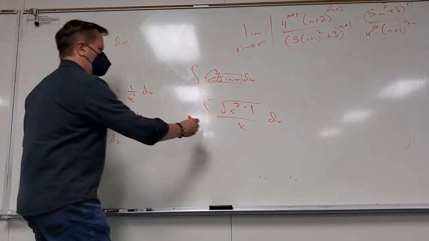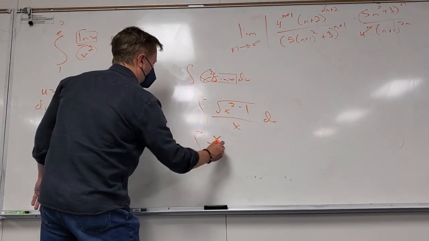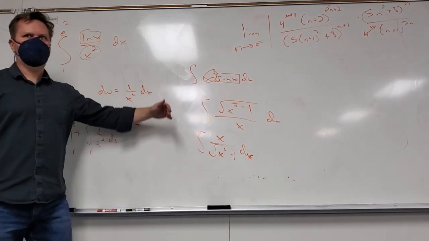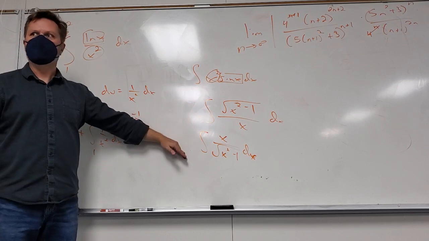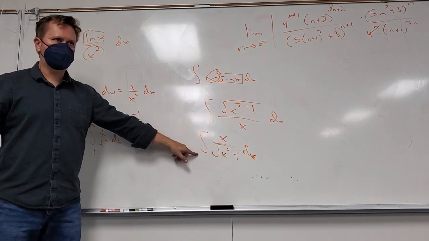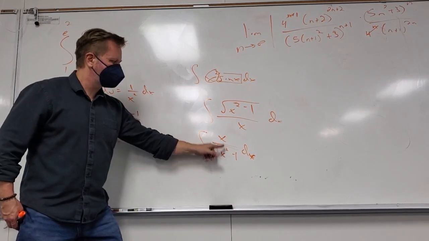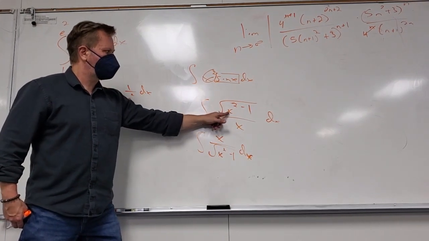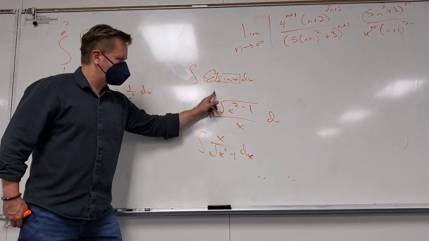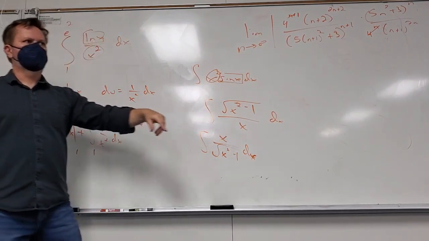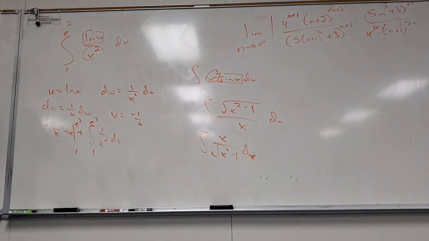Now of course, I'm not saying you can't. Please, dear God, please nobody think I just said this is the same problem. If the problem would have been this, u sub, because now the derivative of this is here. The derivative of x squared is 2x, which is not in here anywhere. I have a 1 over x, not an x.